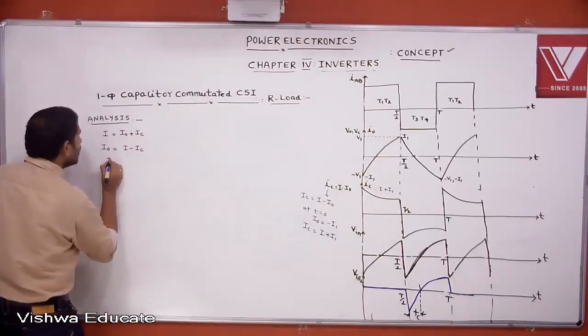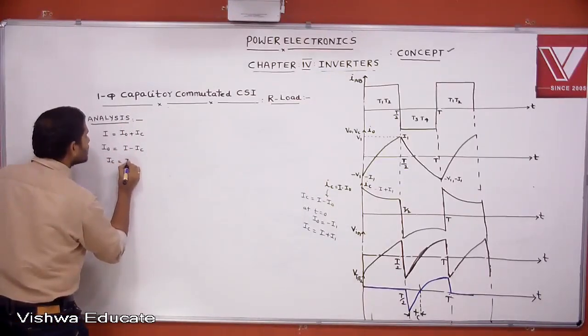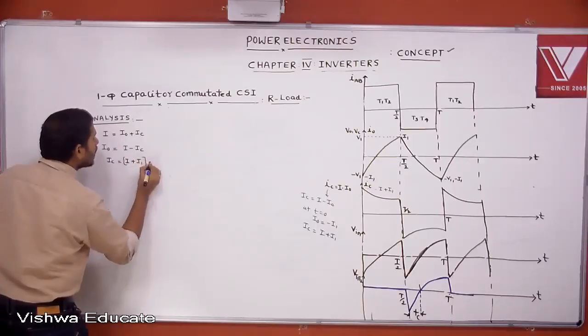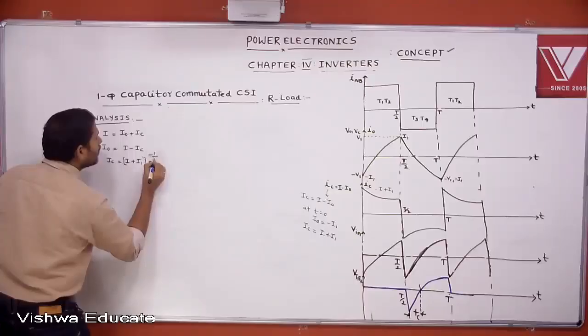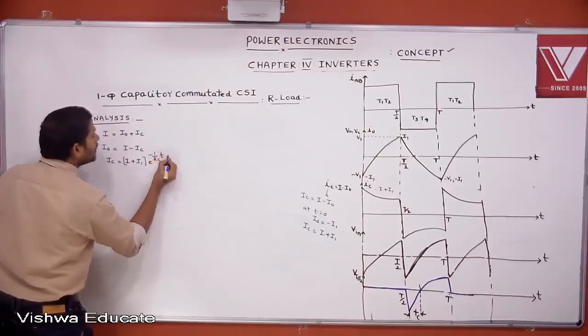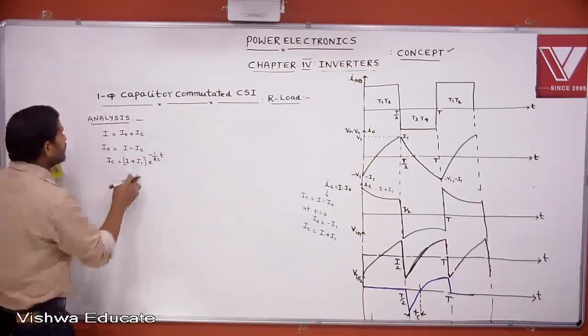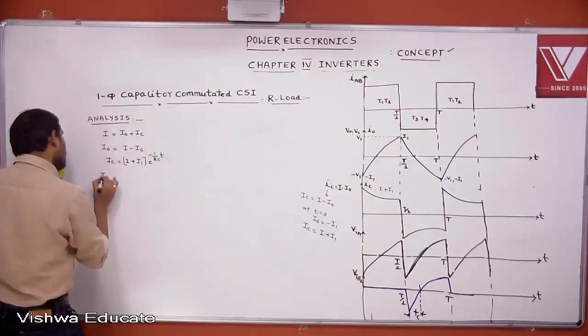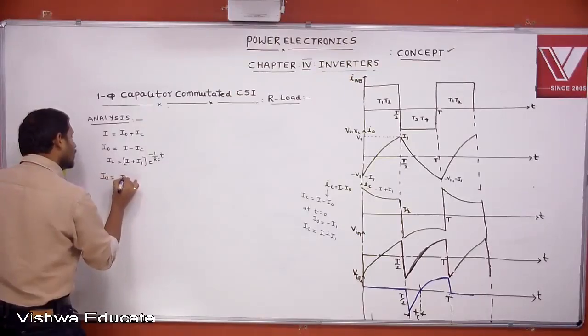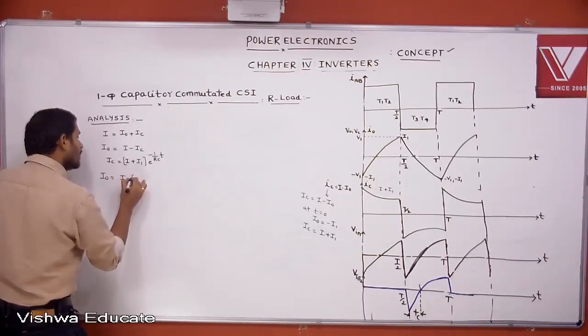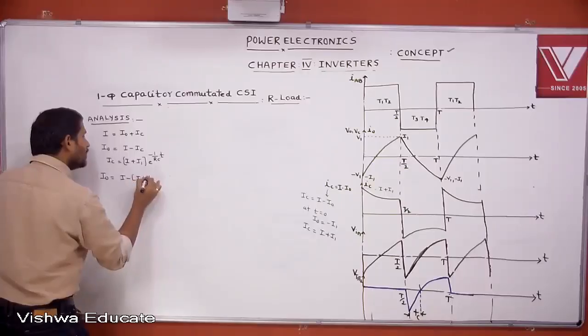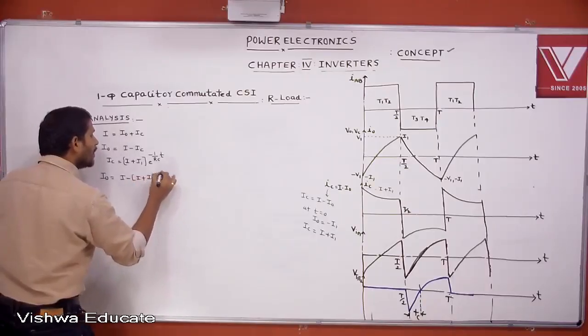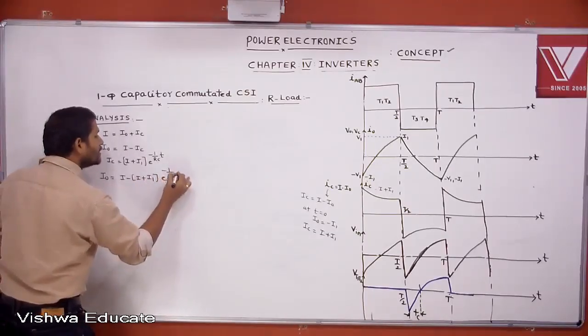Therefore IC equal to I plus I1 into, you consider the exponential component also, e power minus 1 by RC into t. This you substitute here. Then what is I naught, you tell me? I naught equal to I minus I plus I1 into e power minus 1 by RC into t.